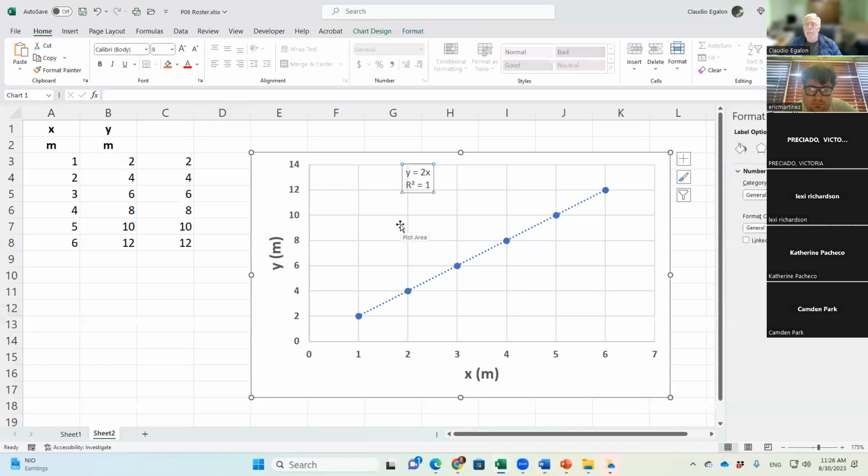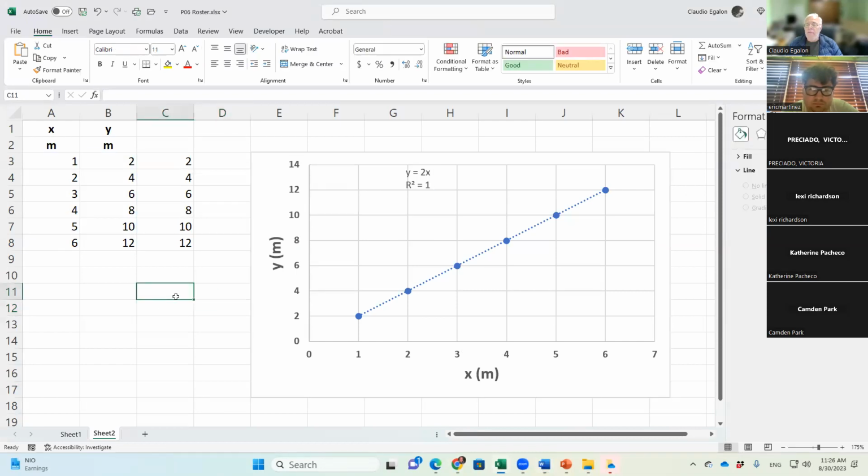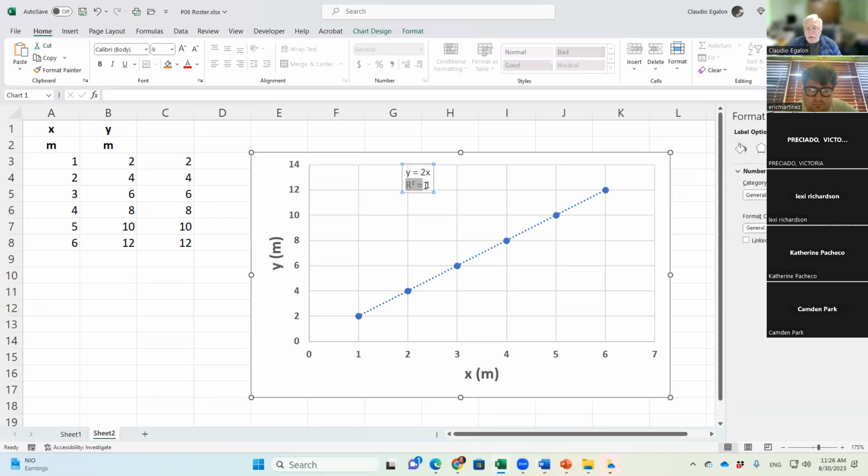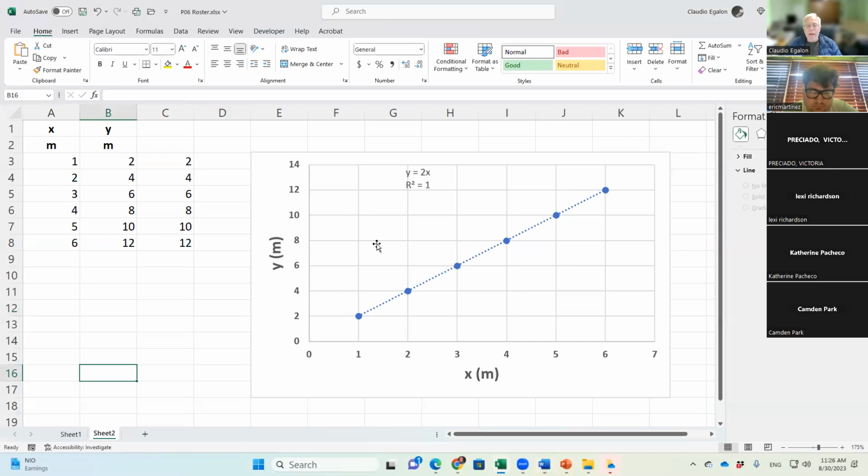Okay. Now, I want you to understand, what's the interpretation for this guy here? A very important mathematical interpretation for this determination coefficient. The determination coefficient is a value that goes between 0 and 1.